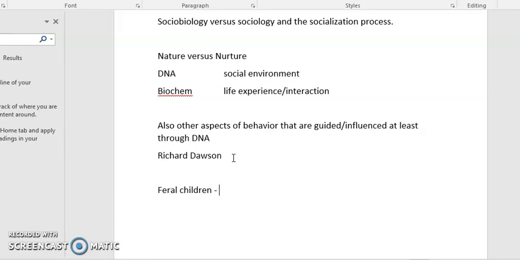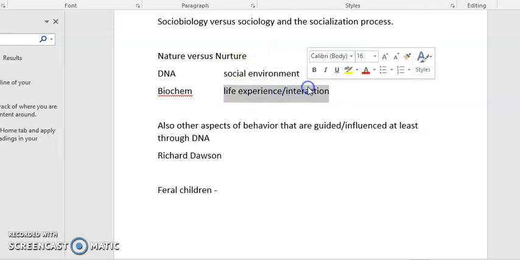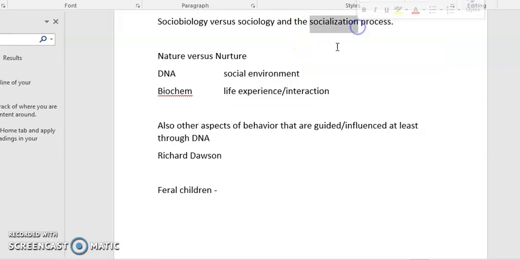So in the case of feral children, this is a terrible situation, having a human child who has been neglected or abandoned to the point where they have not had a social environment to engage them through life experience and interaction. Remember, that's how socialization takes place. So feral children, literal translation is wild or untamed.